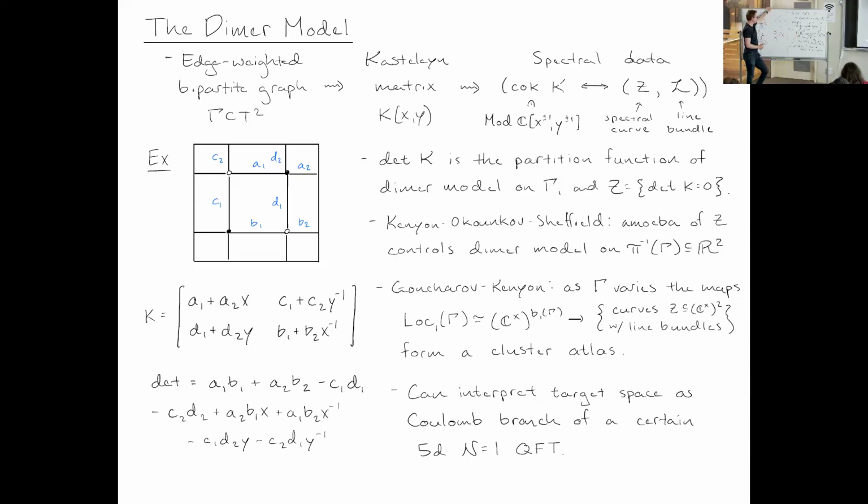Right, okay, so the context for this statement is that you have this moduli space with curves and bundles, and the spectral data construction gives you a cluster atlas on it. These spaces in particular fit into this larger theory of Coulomb branches, and there are other expectations for why and where. For example, the Hitchin moduli space has in its Betti complex structure a cluster atlas due to Fock and Goncharov.